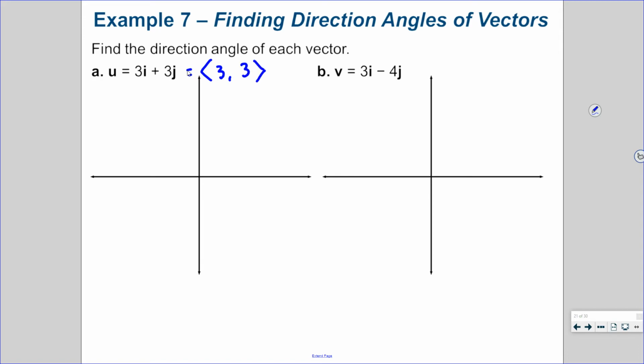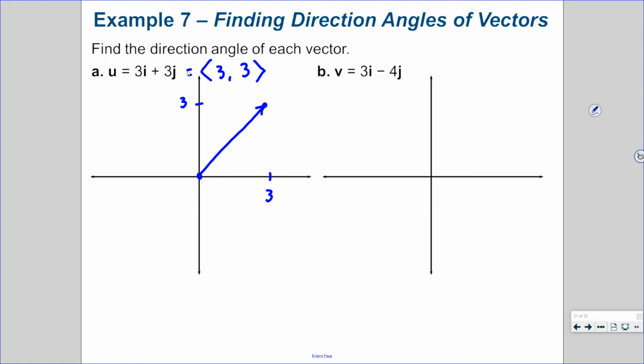So what quadrant is my vector going to be in? 1. Right? I have a horizontal component of 3. You don't have to be super accurate until we start doing application problems. And remember, in that component form, initial point is where? Origin. Good. And then that'd be my terminal point. So there's my vector.